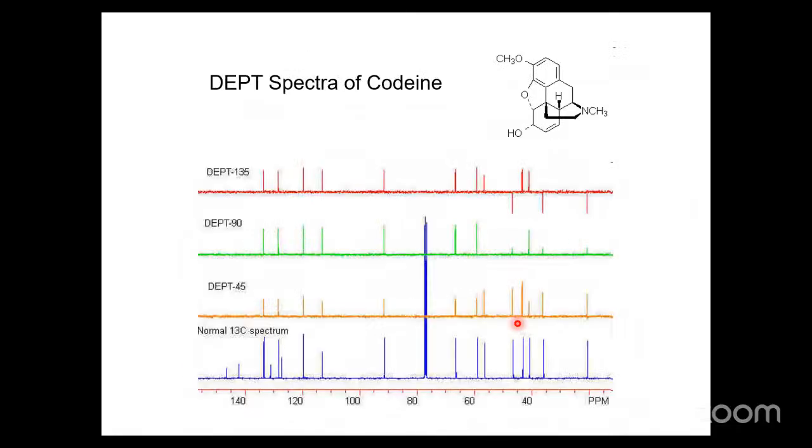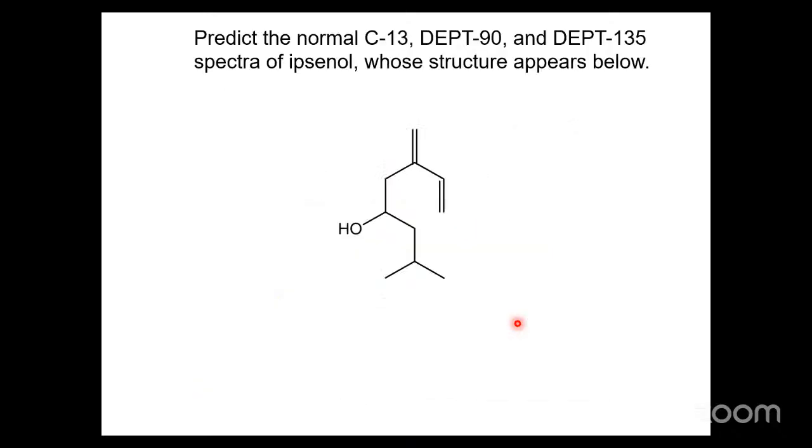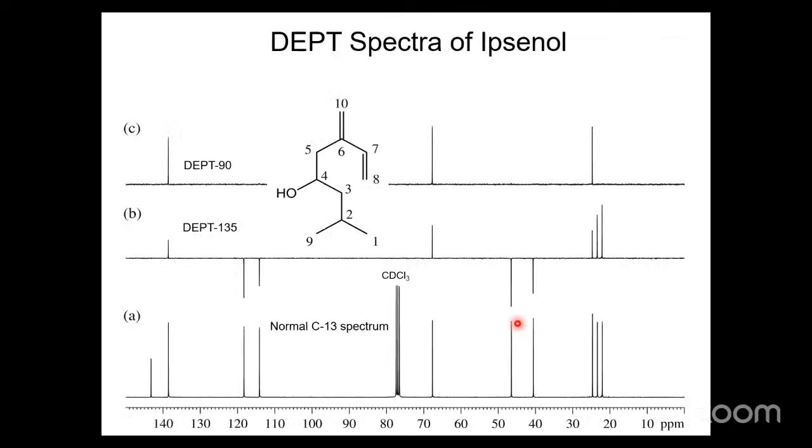This is a more complex molecule, the natural product codeine. The DEPT technique will, of course, help to assign all the carbons. As homework, you can take this structure, epsilon, and predict its C13, DEPT 90, and DEPT 135, how the peaks will look like. You can also predict the chemical shift of this molecule.